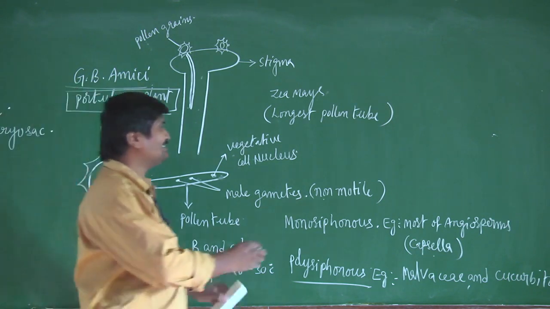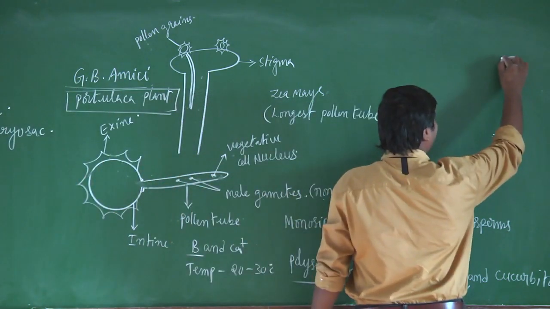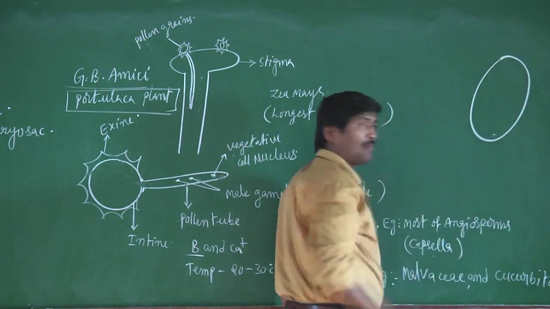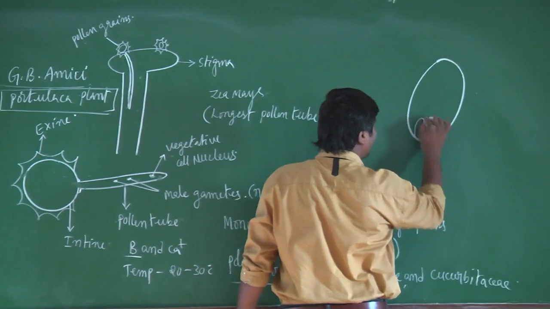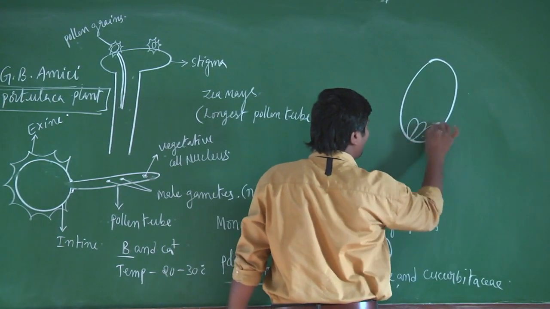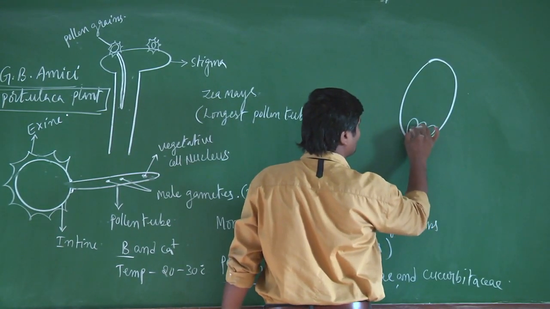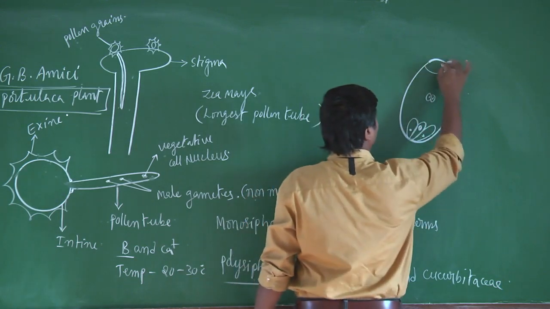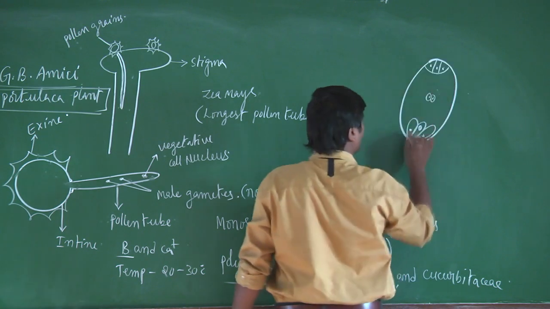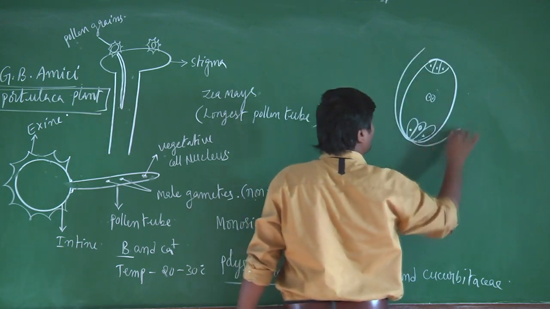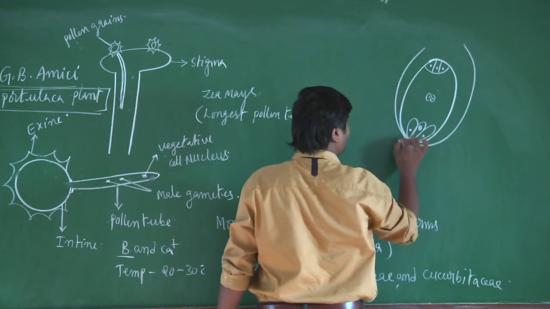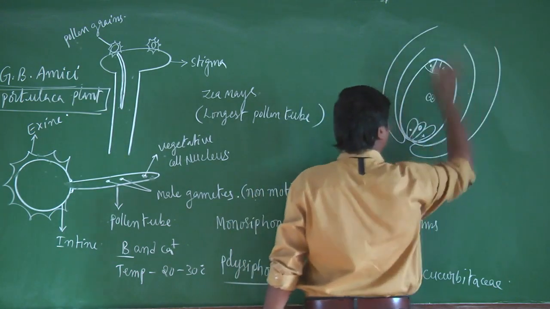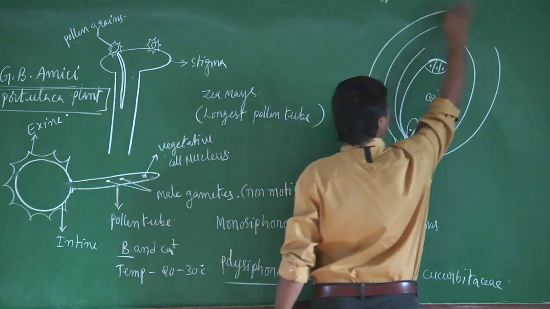So finally, see, this is the structure of the ovule. In the central position, the embryo sac, nucellus, integuments, outer integument and inner integument.